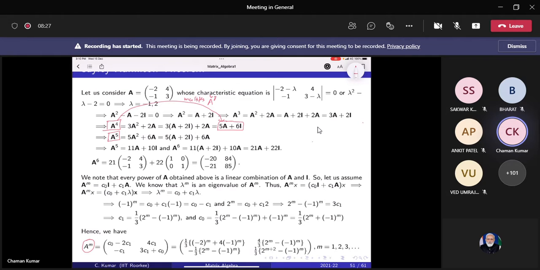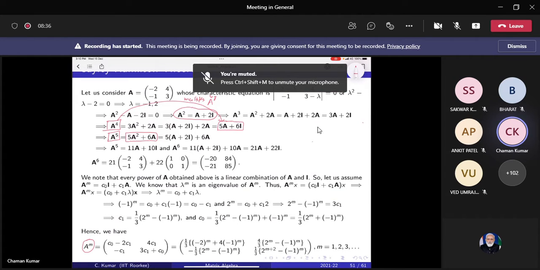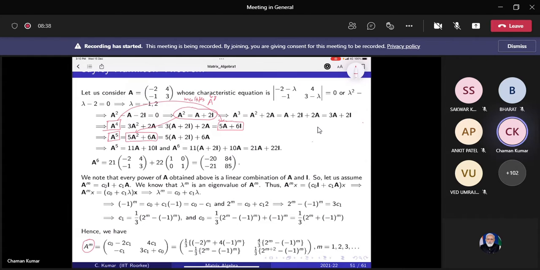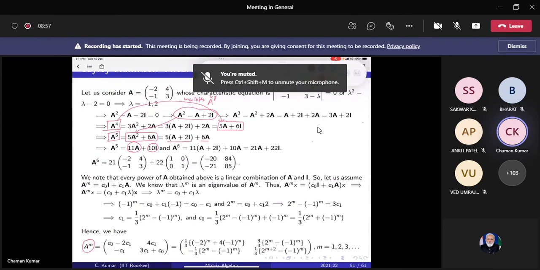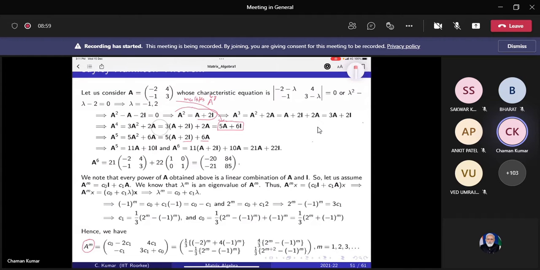On the right hand side, you have 5A square plus 6A. And then again, you use A square is equal to A plus 2I. Substitute this here. So you have 5A plus 2I plus 6A. And this gives you 5 plus 6 is 11A and 10I. Okay. Right. So you have A raised to 5 also in terms of A and I.